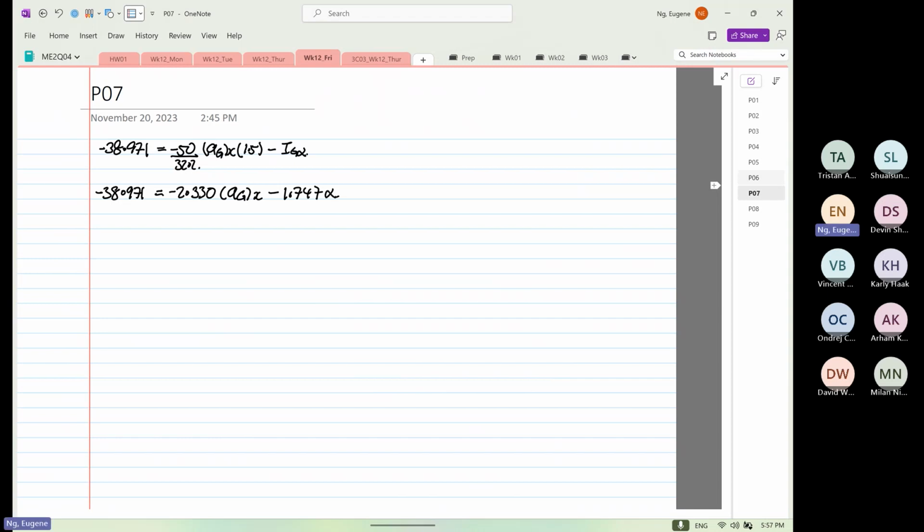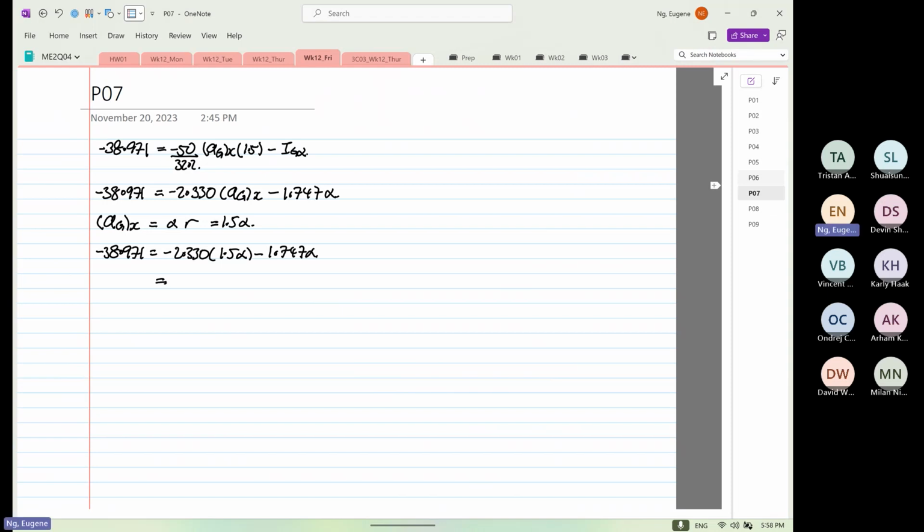Okay, so from here, we know that AGX is equal to alpha multiplied by R. So the radius is 1.5 alpha. So we have minus 38.971 is equal to minus 2.330 times 1.5 alpha, plus 1.747 alpha.